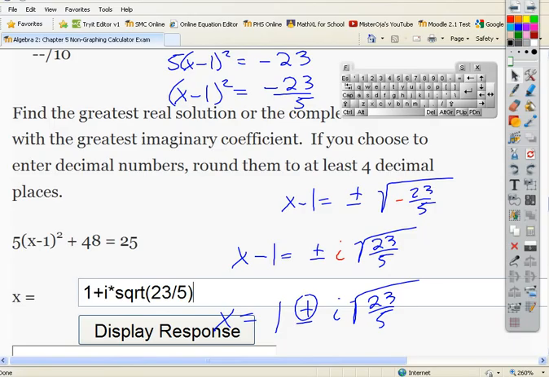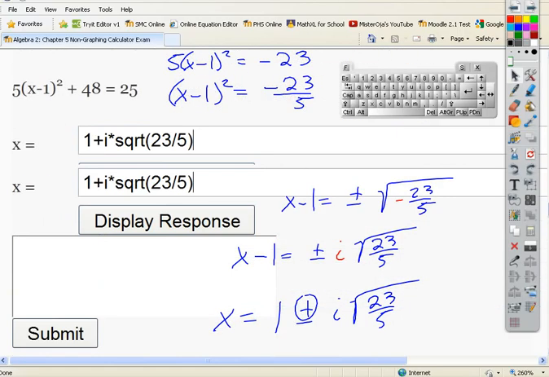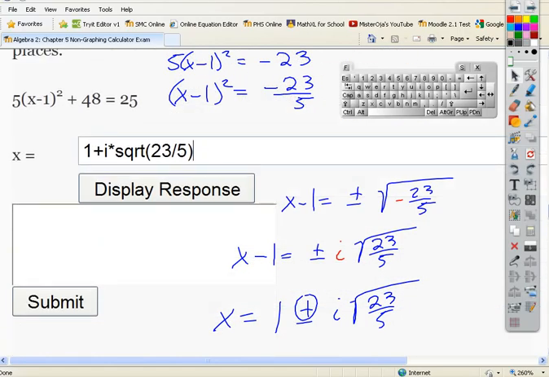Well, let's try it. Let's see what happens. Okay, so 1 plus i square root. Let's hit display response. Does that look good?